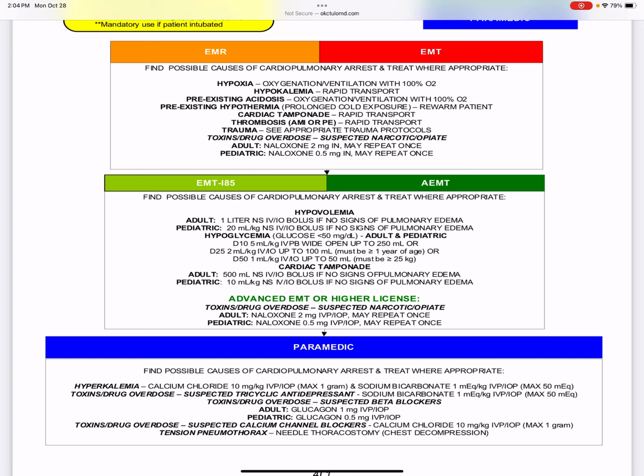That is kind of a former thing that we've gone away from. If it's absolutely required, I'm not going to be a hypocrite. I have done it because that was the only way we could do it at the time. But you should give it either IV or IM, intramuscular, not IN, and IV or IO, either one.